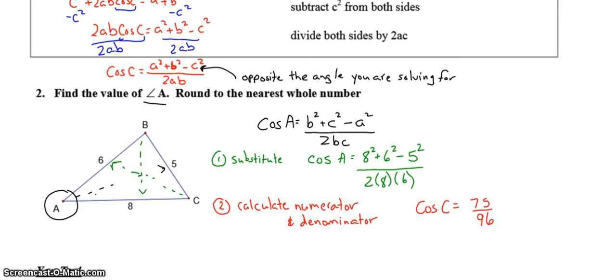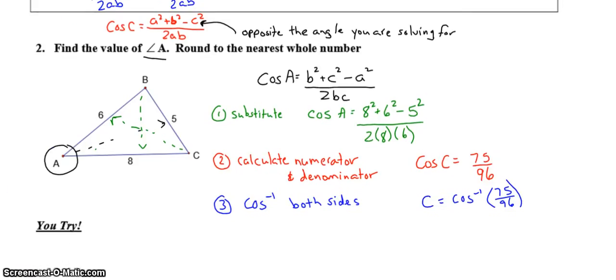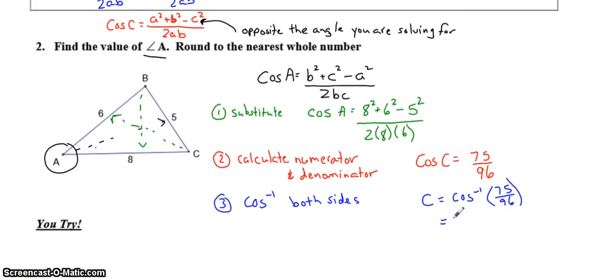And now it just kind of looks like SOHCAHTOA. Your next step is going to be to take the cos inverse of both sides. So that means A is equal to cos inverse of 75 over 96, and in your calculator, that is equal to 39 degrees.